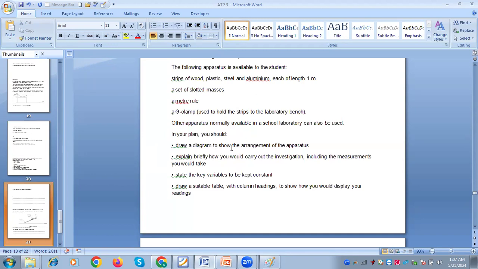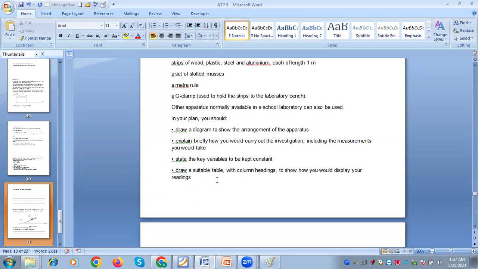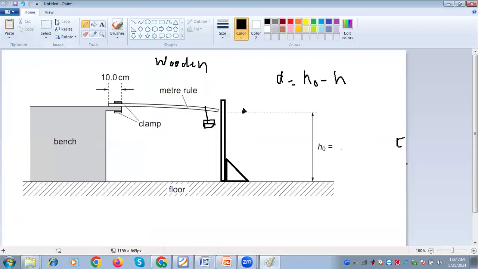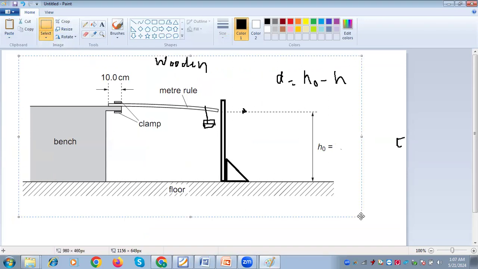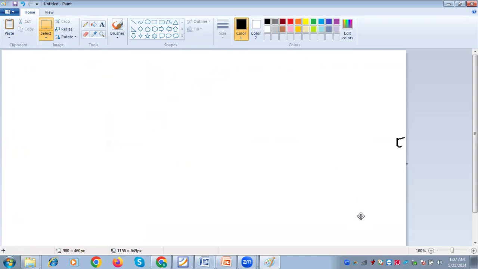Then afterwards, what will you do? The arrangement of the diagram is shown here to you. The variables which are to be kept constant are also discussed. Now draw a suitable table, that is, the table which is required for this purpose. What will be the table required for this purpose?